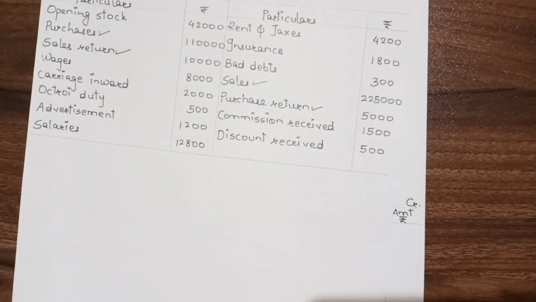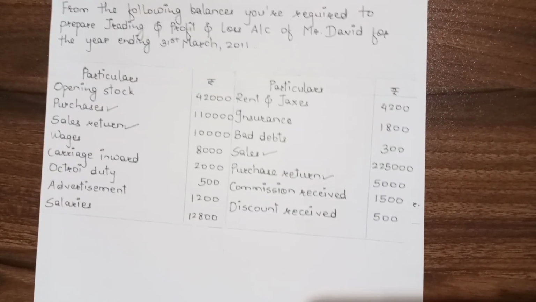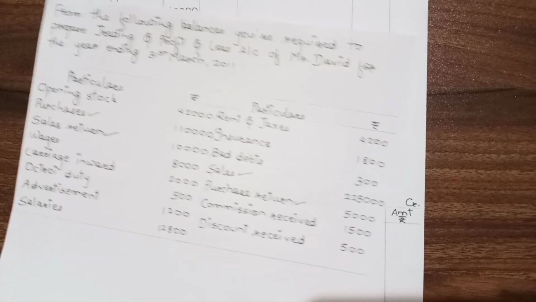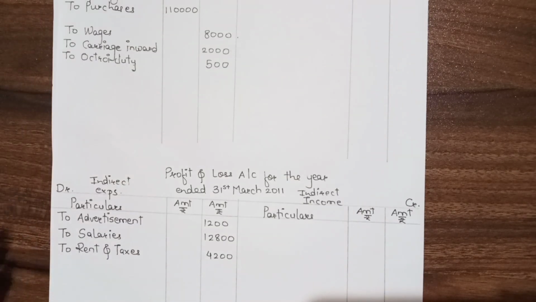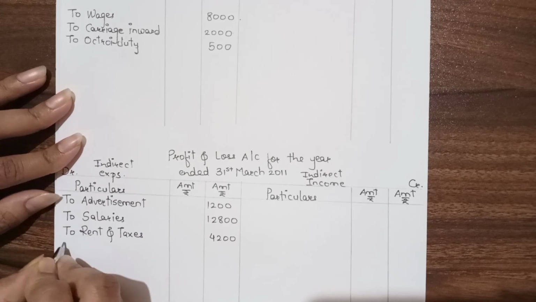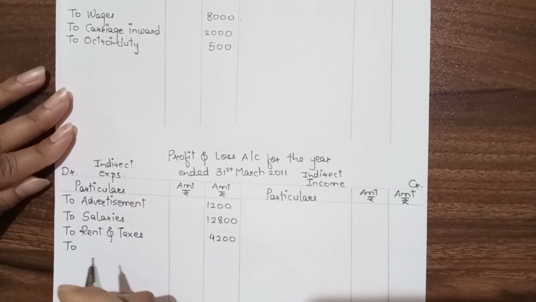Next item, insurance. Now insurance is also going to be Mr. David's expense, because he has to pay insurance. So in the debit side of profit and loss account. They haven't given you received or allowed, something like that, so by default it is going to be your expense. So you have to post it here. It is not directly related to your business, so this is your indirect expense.